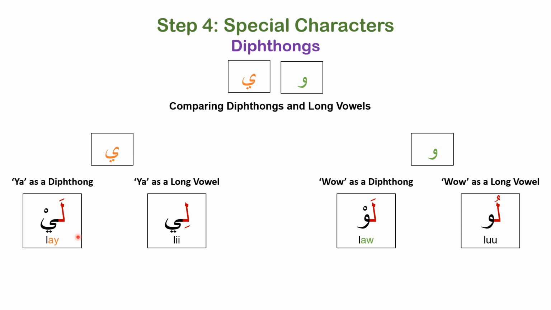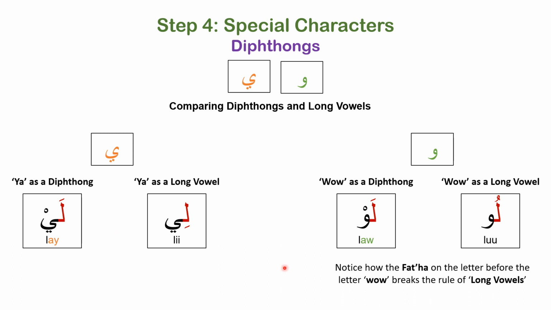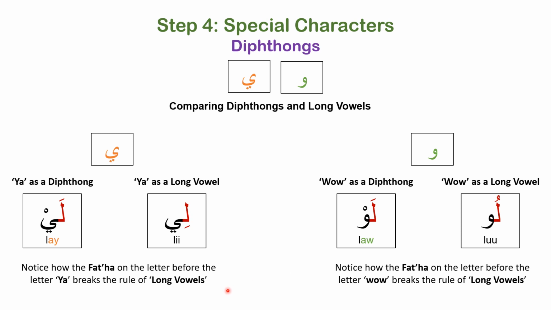Okay, awesome. Now, just before we move on, I want to say, notice how the fatha on the letter before the letter waw breaks the rule of the long vowels. And the same, notice how the fatha on the letter before the ya breaks the rule for long vowels again.